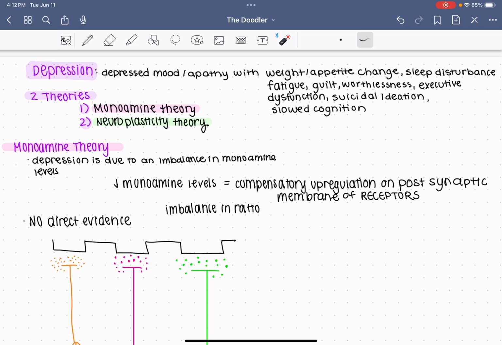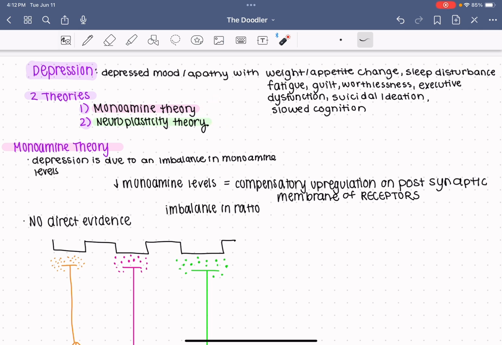It was a reverse type of situation where they figured out that serotonin had something to do with depression, because when given a drug that increased the levels of serotonin or other monoamines, the patient experienced fewer symptoms.